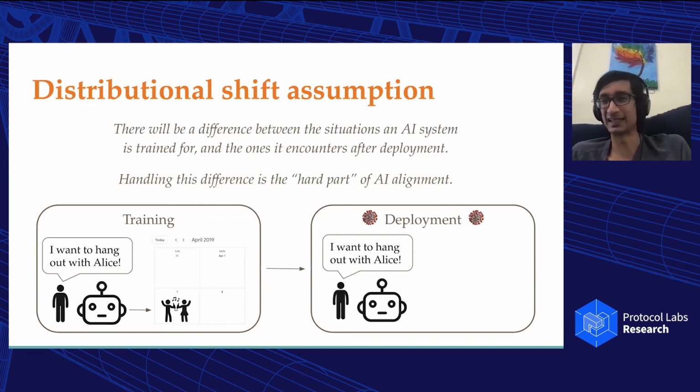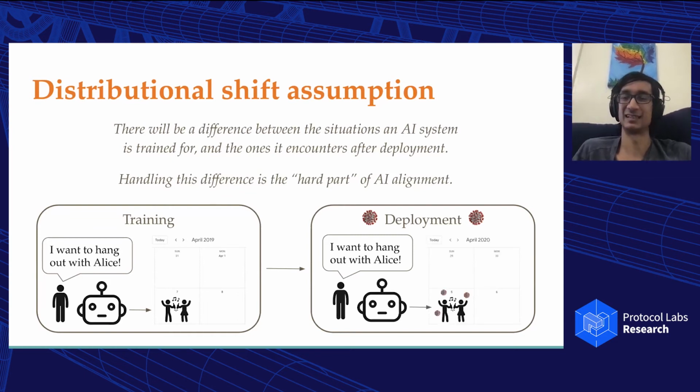The agent might even know this, that Bob means he wants to do a video call. But the agent was trained that when its user asks to hang out, the thing it's supposed to do is schedule a night out at a club. And so it just continues to do that.